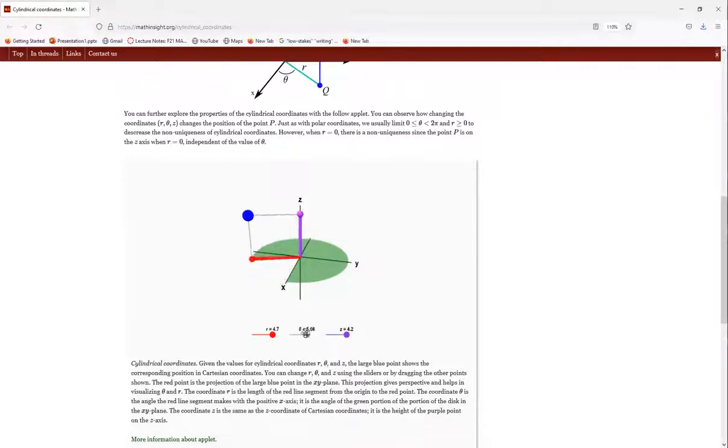This is your particle. Again, your radius can be changing, your theta is changing, and then your z is changing, of course. This object can be above or below. Its height is changing.